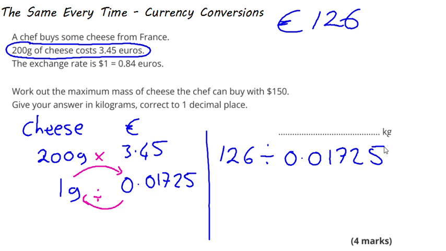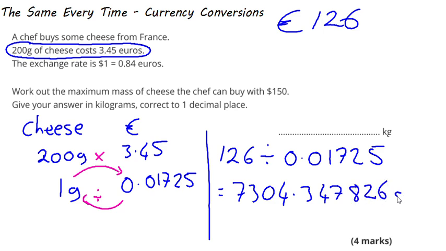That will tell me the amount of cheese that I have. So 126 divided by 0.01725 is equal to this. So that gives me 7,304.347826 grams of cheese.